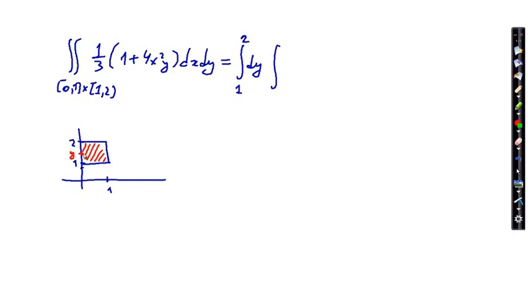And for each fixed y, for my points inside that square, x will go from 0 to 1. So I'm writing from 0 to 1 of our function 1 over 3, 1 plus 4x squared y, dx in this case, because I have already integrated with respect to y. Okay, so first I'm calculating the inner integral.